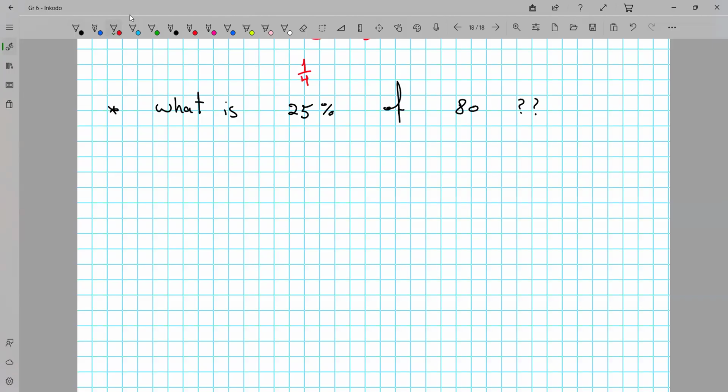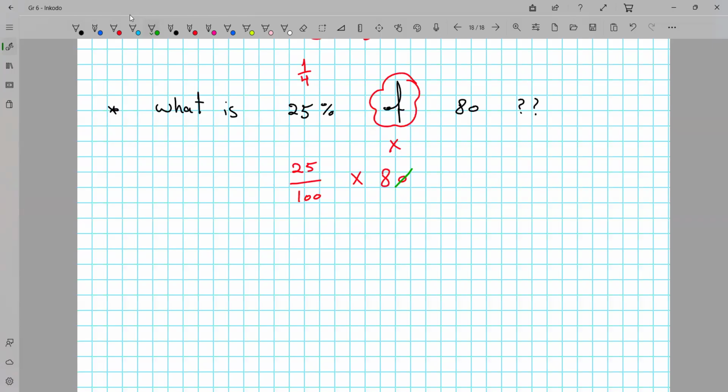But we have a different way to get this. The word of means multiply. So I have to multiply 25 over 100 times 80 and then simplify to get the result. I know that it's a long way, but it works with every number.